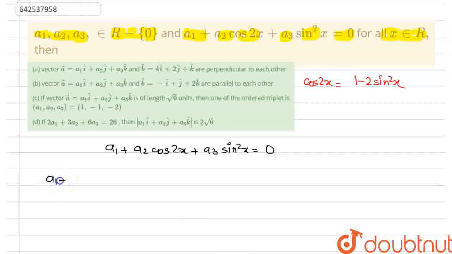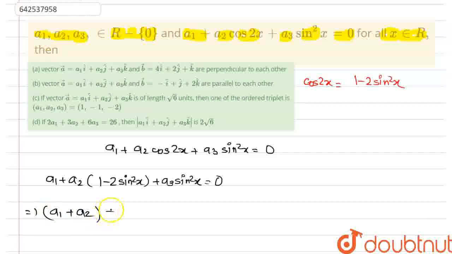So we will have a1 plus a2 into 1 minus 2 sin square x plus a3 sin square x equals 0. Now we'll take a1 plus a2 together and we'll take the coefficients of sin square x separately: sin square x into a3 minus 2a2.